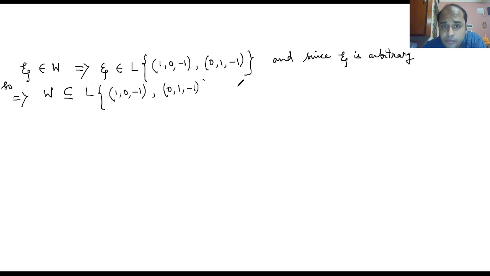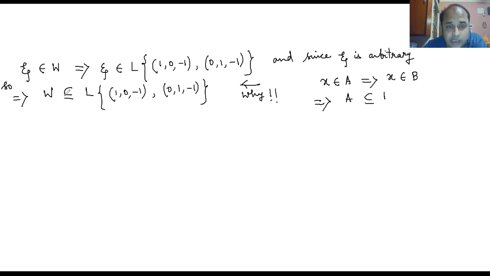Why is it so? It is because if I show that X belongs to A implies X belongs to B, this implies A is a subset of B from set theory. So W is a subset of this span.